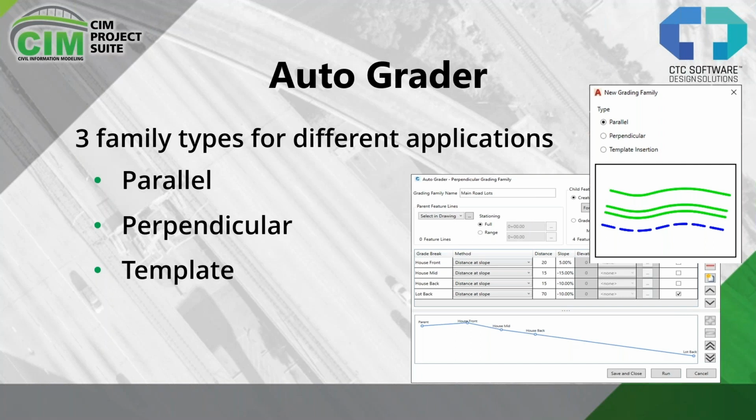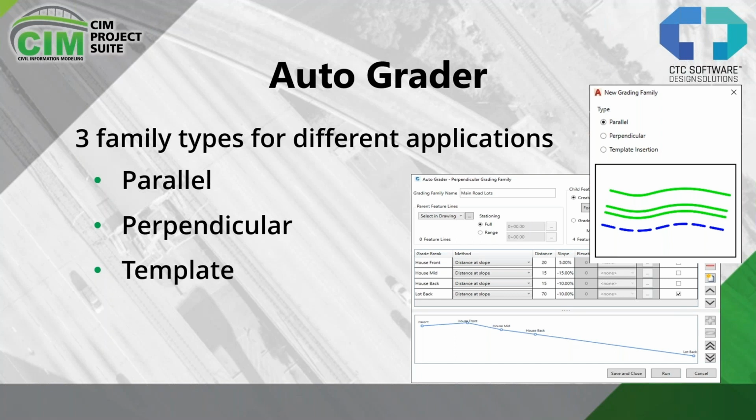And there's 3 ways to do it. We can do it parallel, which works well for ponding in particular. You can use it to offset curb lines and parking lots, things like that. Perpendicular will create lot lines and other features that you want to pull off something. Be creative. You might come across another way to do something where you need a perpendicular line to be graded to.